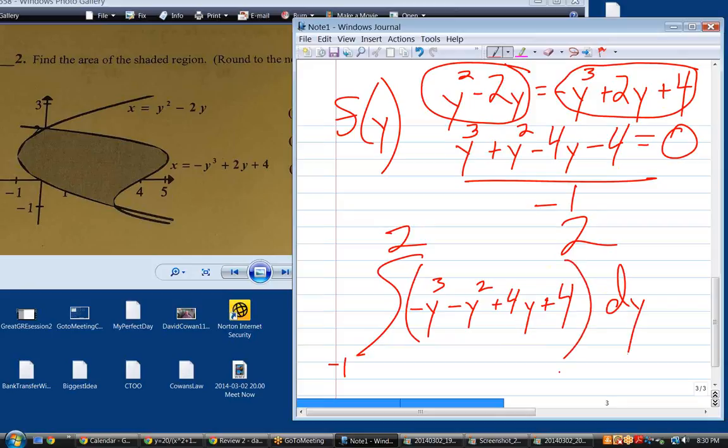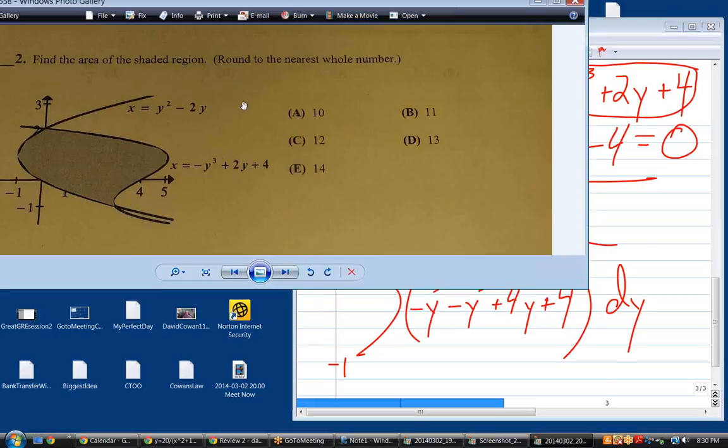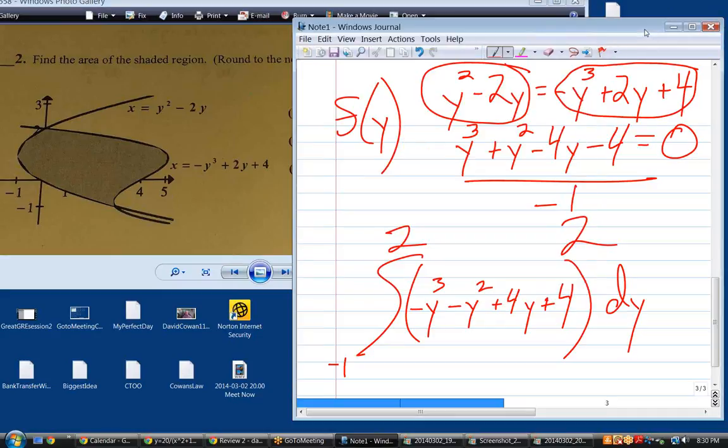And then I just plugged that into my calculator, and I got 11.25. So B. And I'm checking. Yeah, that's correct.